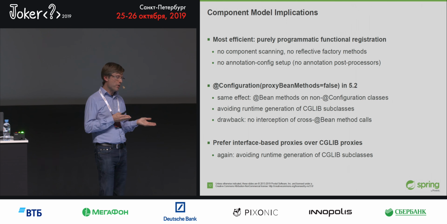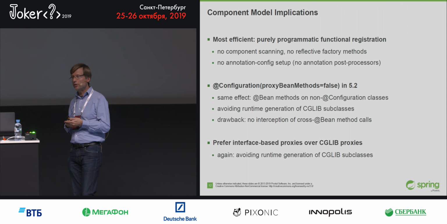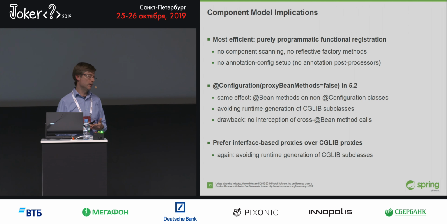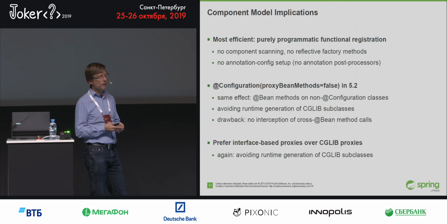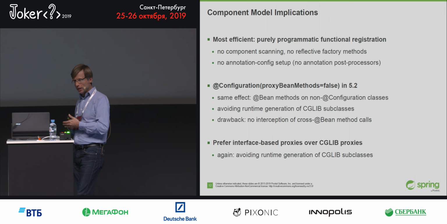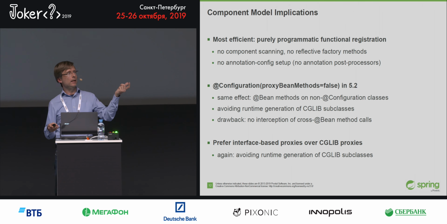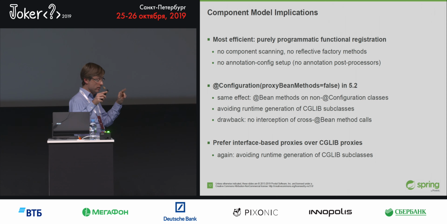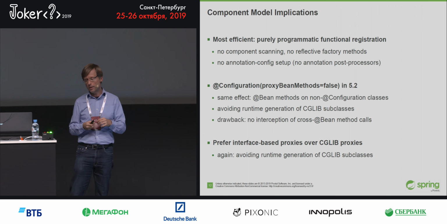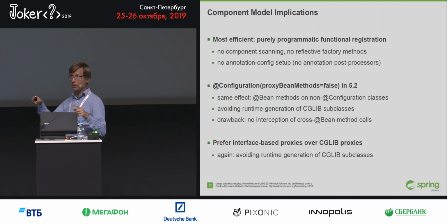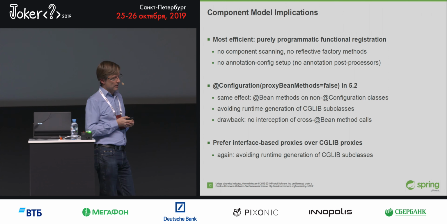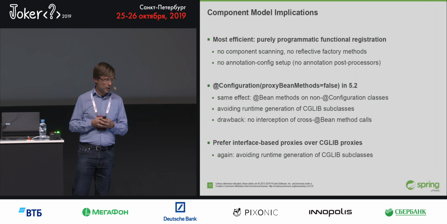So if you care about startup performance or to some degree interaction performance, interface-based proxies may be your mode of operation. And even in recent Spring Boot versions, you may choose, for this particular purpose, to switch the proxies from their now default target class model. You may switch them back to interfaces through the spring.aop.proxy-target-class=false flag in Spring Boot, right?